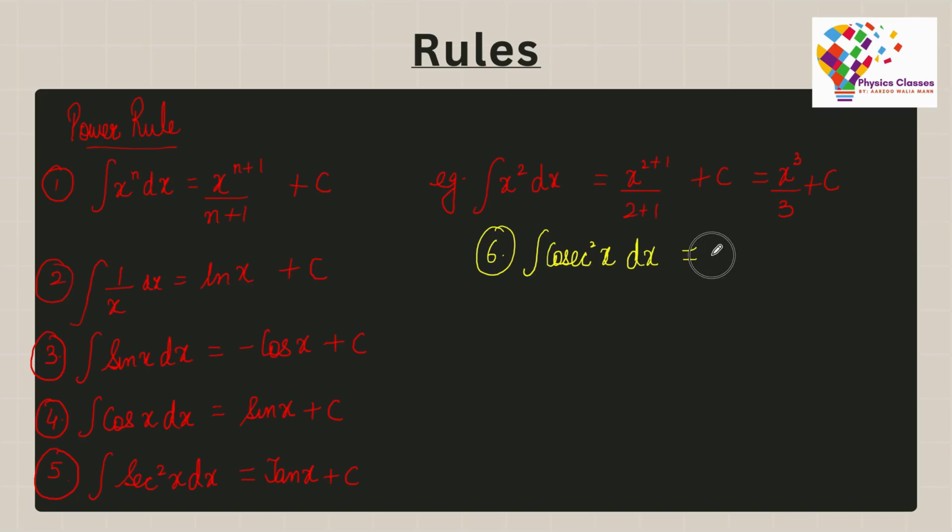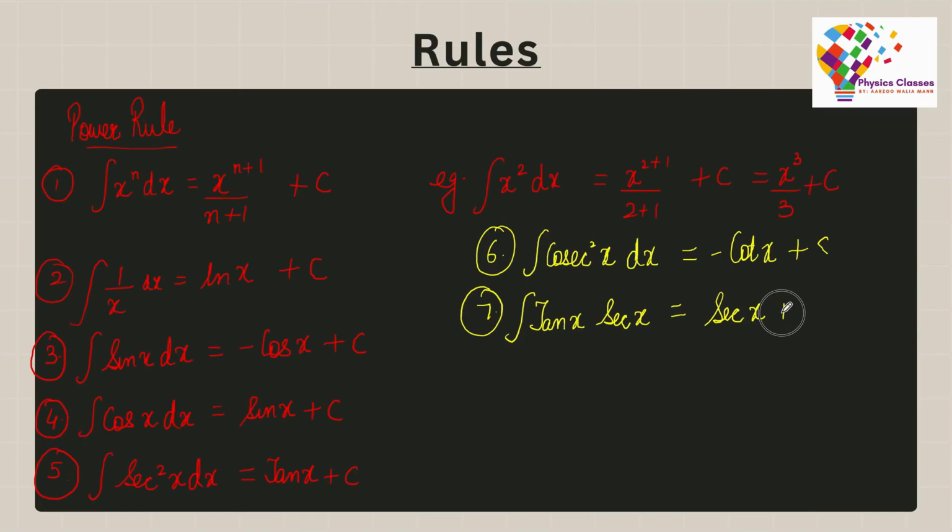Suppose I want to integrate cot x cosecant x with respect to dx, then I would get minus cosecant x plus c. Lastly, if I want to integrate e to the power x dx, then the integral of that would just be e to the power x, plus a constant. But e to the power x integration just remains e to the power x.